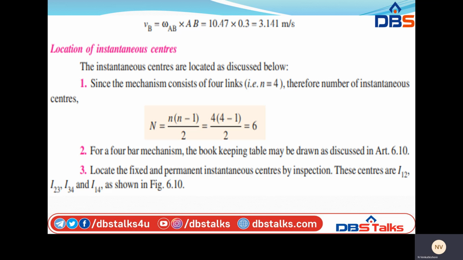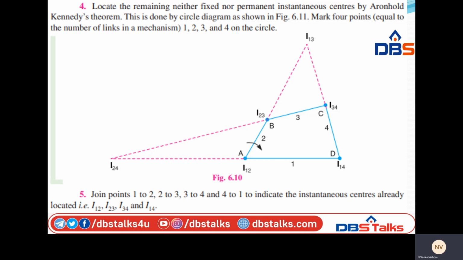For the four-bar mechanism, locate the fixed and permanent point centers by inspection. These centers are I12, I23, I34 and I14. In the figure, we can see these are the fixed points.